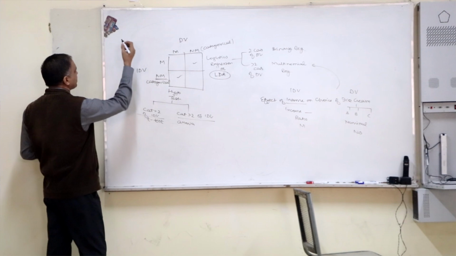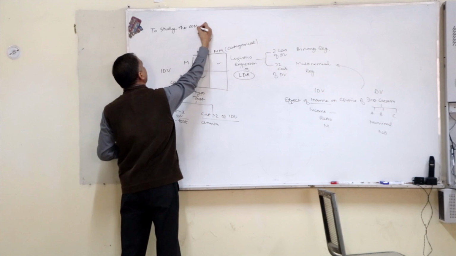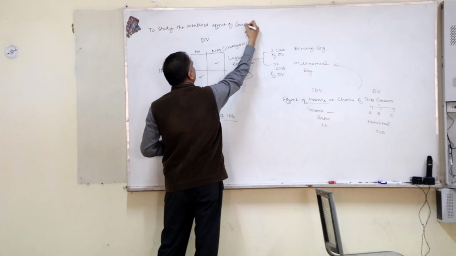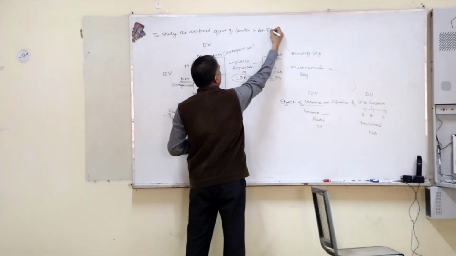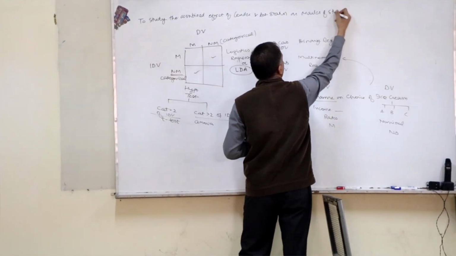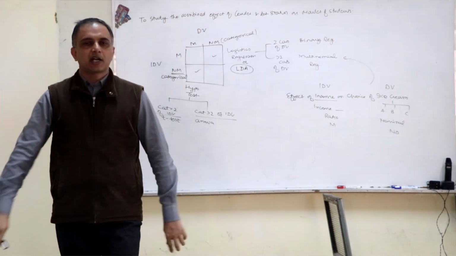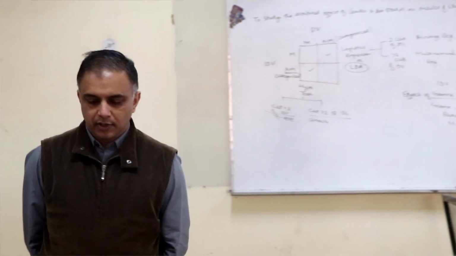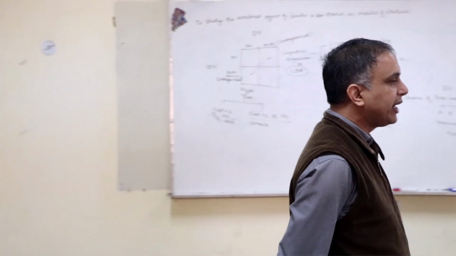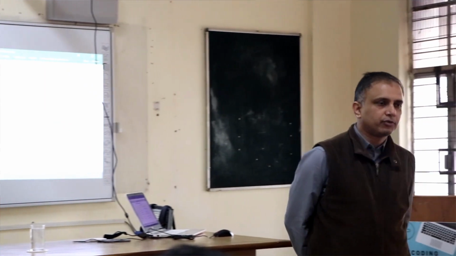So let's try to write an objective: to study the combined effect of gender and residential status on the marks of the students.